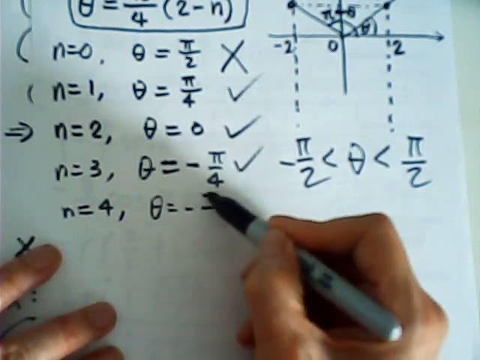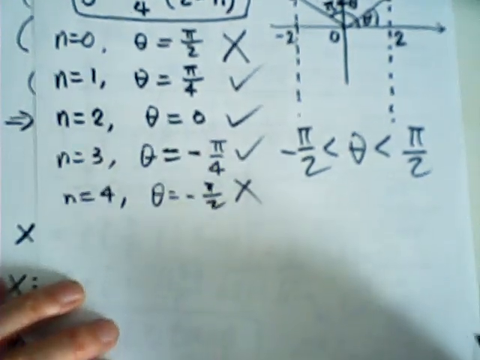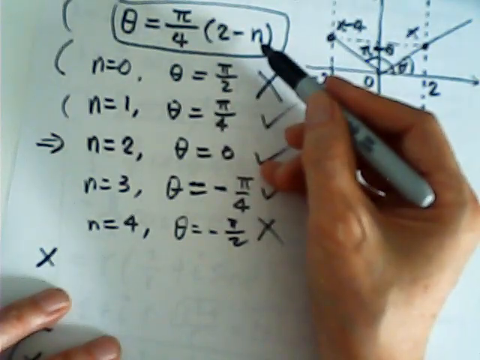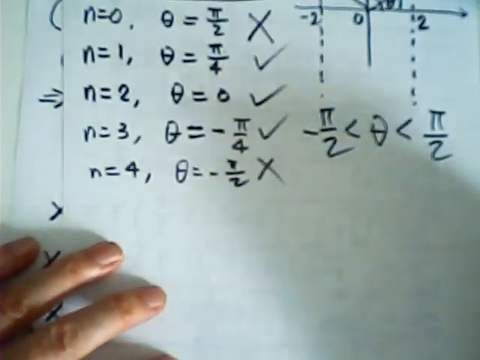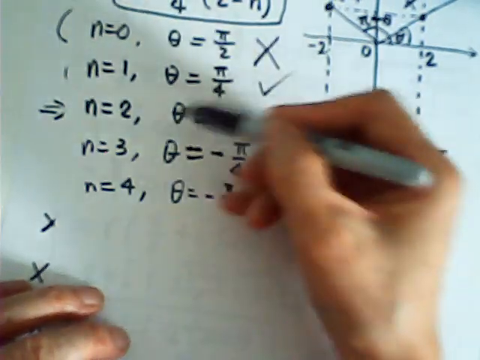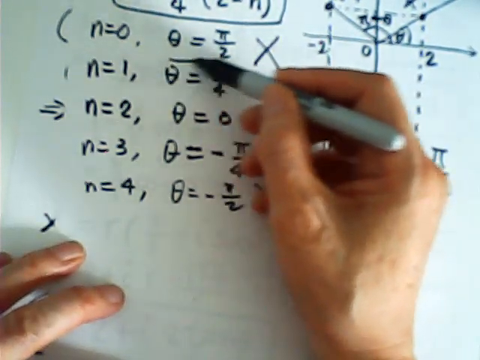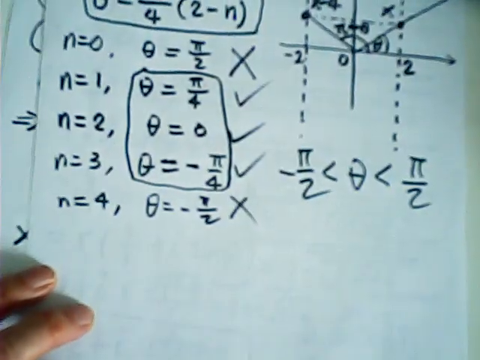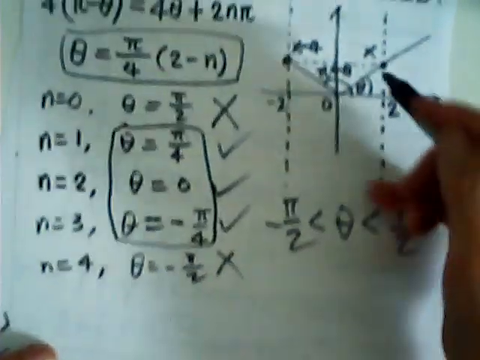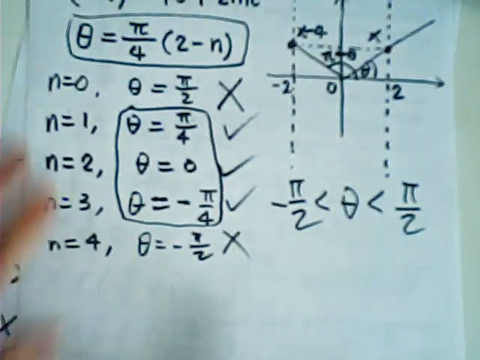This is negative half pi, which is not good. n equal to negative 1. Wow, 3 pi over 4 is more than half pi. It's not good. So we have only 3 angles that satisfy our range of theta, right?